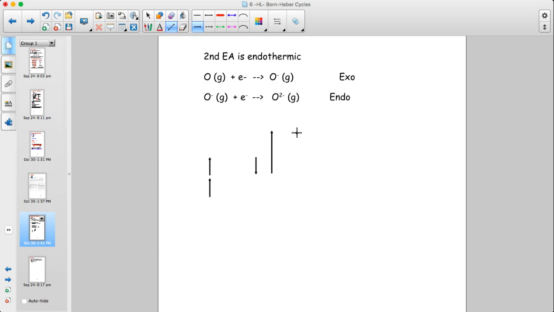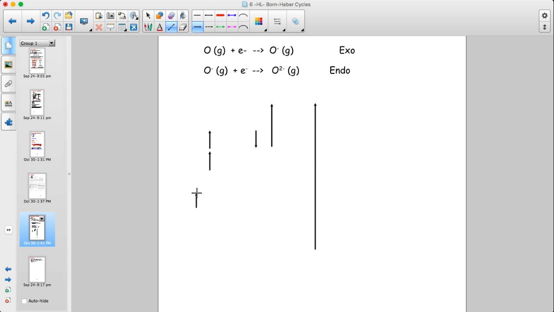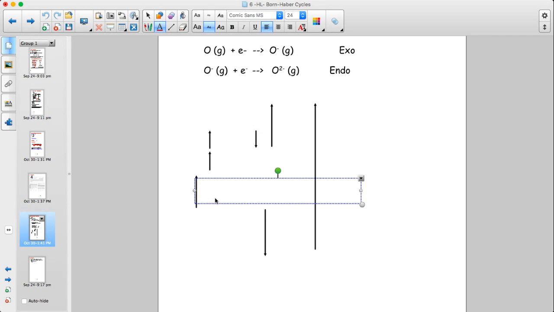Other than that, you've got your lattice. Well, let me flip that again. You've got your lattice enthalpy, which is endothermic. You've got your ionization energy. Oh, we did those. Sorry, we've got your atomization, and so here we've got the formation, right? So again, I did this without labeling things, but we've got atomization. You've got first and second ionization.